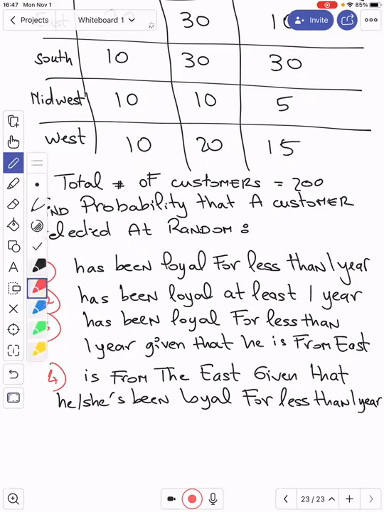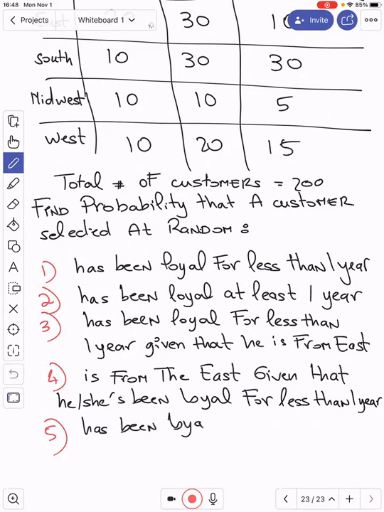Right. 5. Has been loyal for less than 1 year, and he or she is from, let's say, the South.